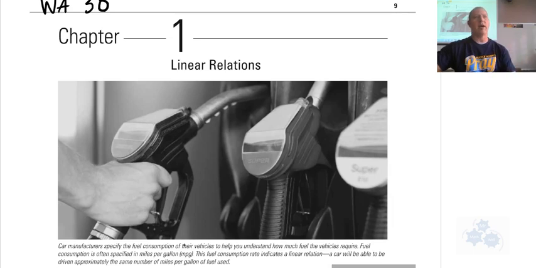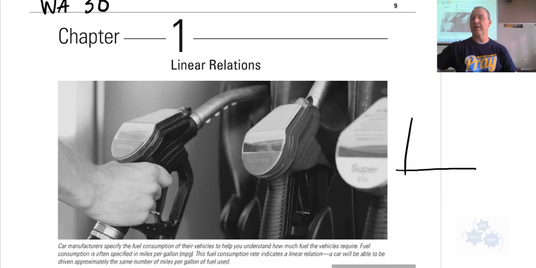If your car can travel 30 miles, and I'll just use miles per gallon, it's common. We use liters and kilometers and all that sort of stuff. But if it gets 30 miles per gallon and you've got 10 gallons, you know right away how far you can go approximately, right? If that's an average.